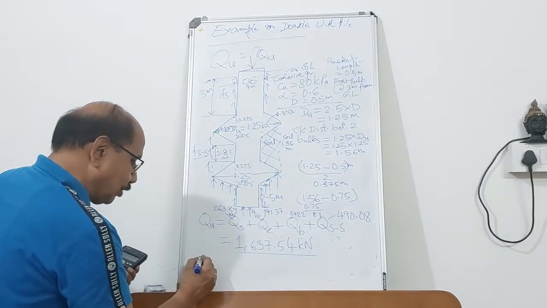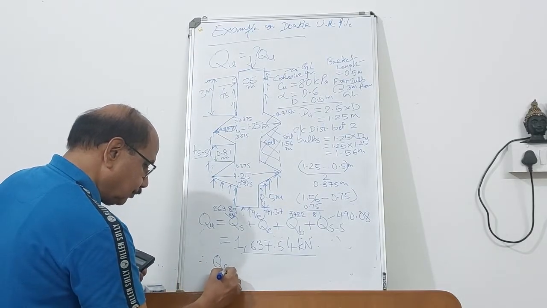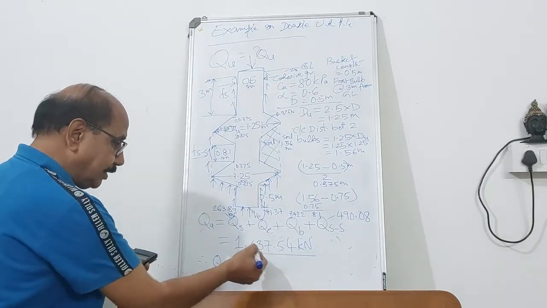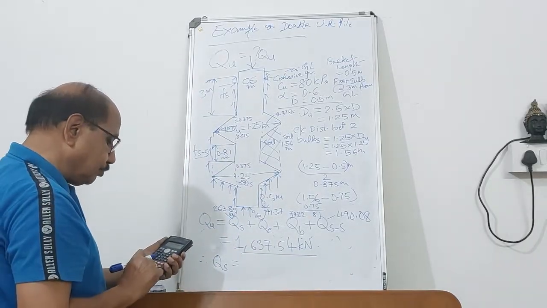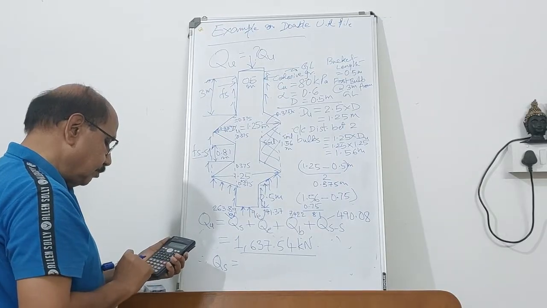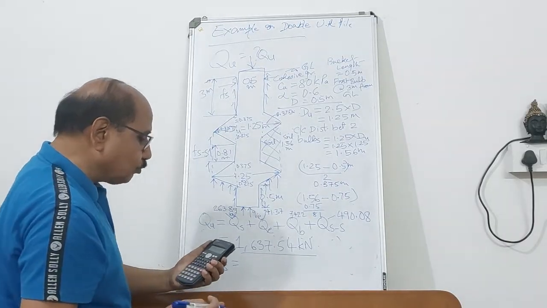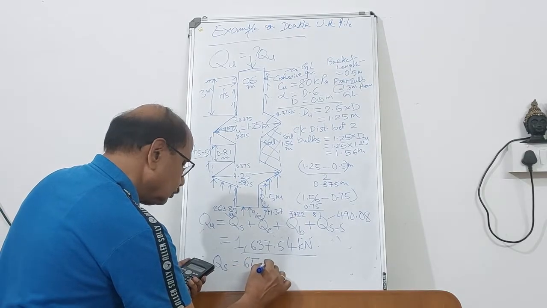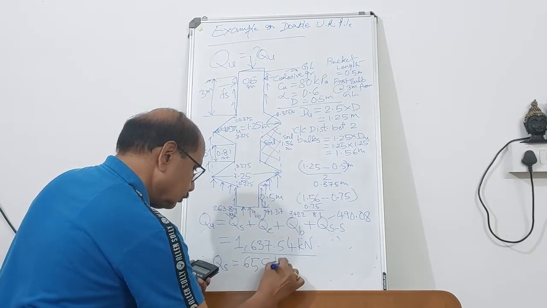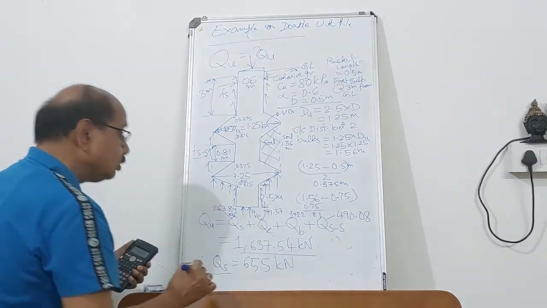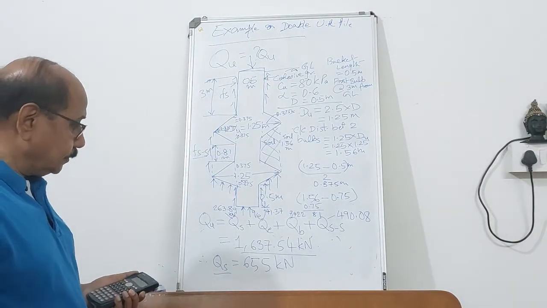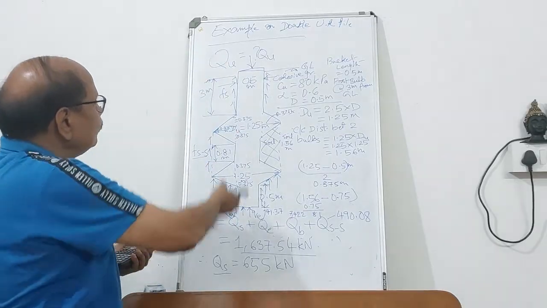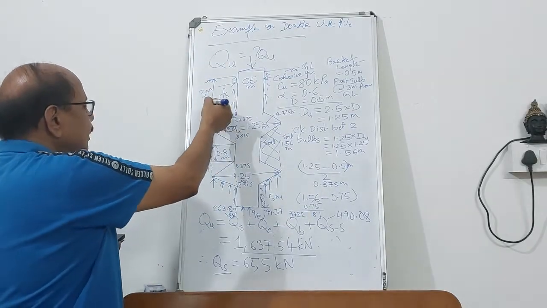And therefore, if you want to find out the safe load this pile can carry, you should divide this by 2.5. So if you divide it by a factor of safety equal to 2.5, this is the safe load that this pile can carry. But suppose, what is the total length of this pile?